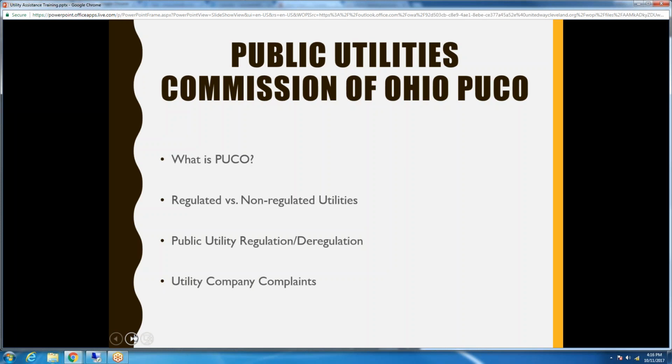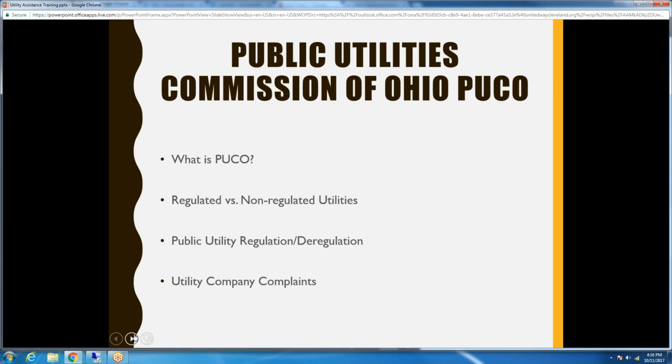Now, most Ohio residential water customers are served by municipal or county utility water departments or public water and sewer districts. Furthermore, many rural customers of Ohio receive their electric service from member-owned and controlled rural electric co-ops, such as South Central Power, Buckeye Rural Electric Co-op, and so forth.